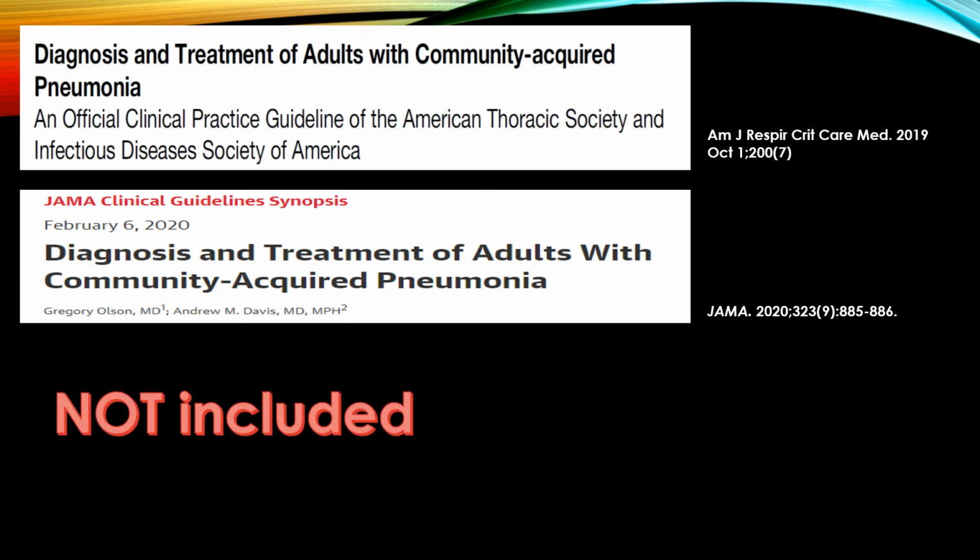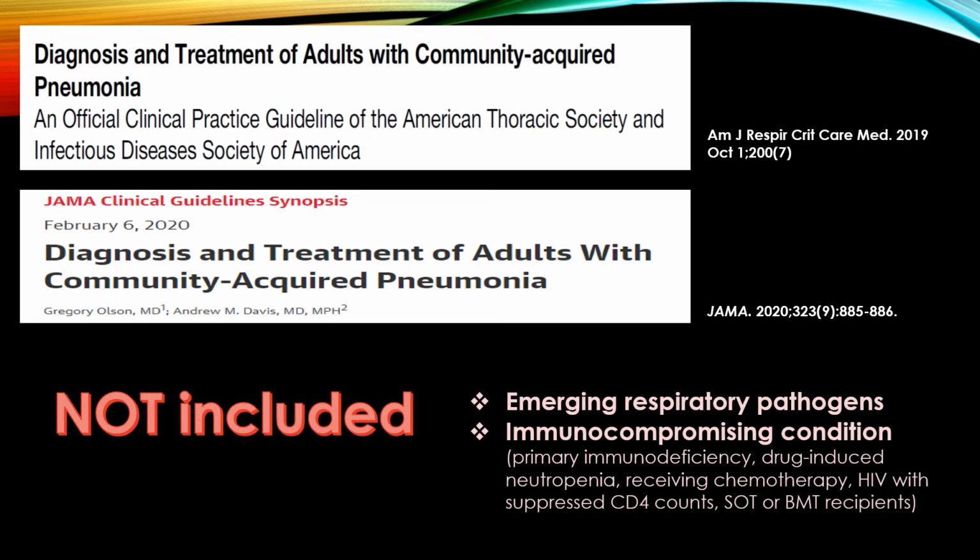You should know one thing about community-acquired pneumonia guidelines: they do not include emerging respiratory pathogens, for example SARS-CoV-2, which is considered a new emerging pathogen. So the treatment or diagnosis may be different from that included in this guideline.